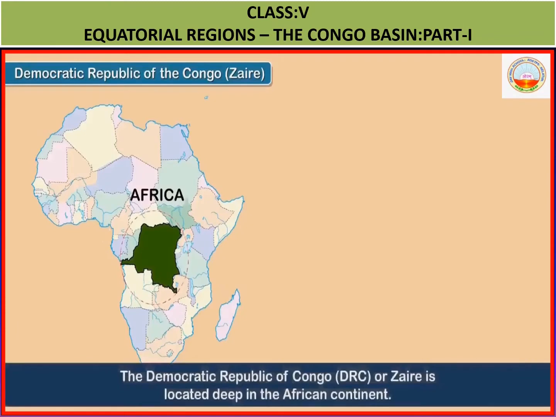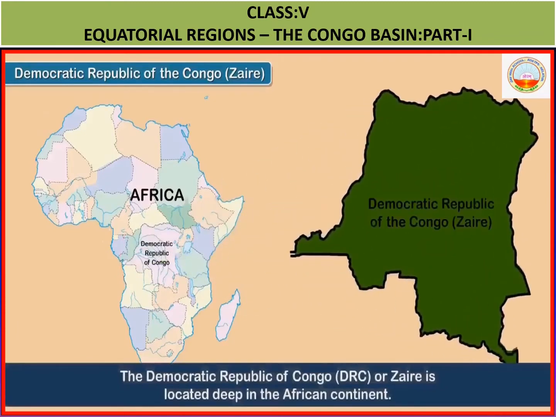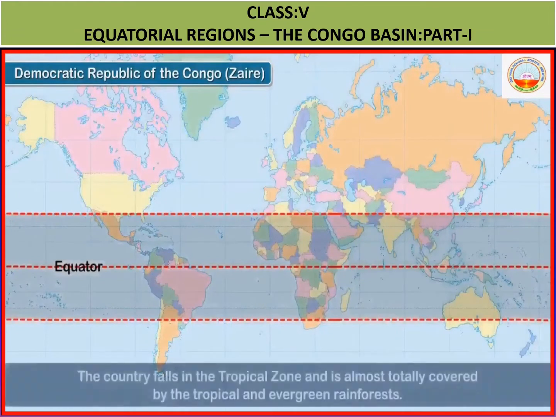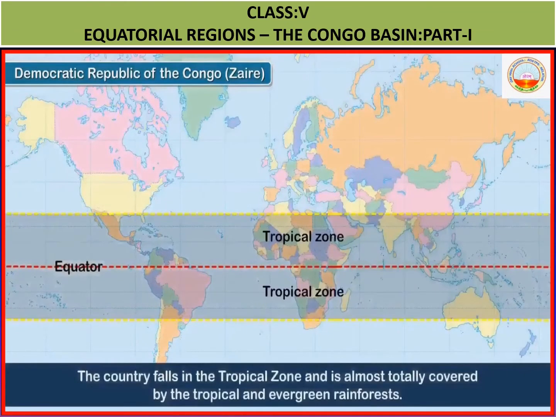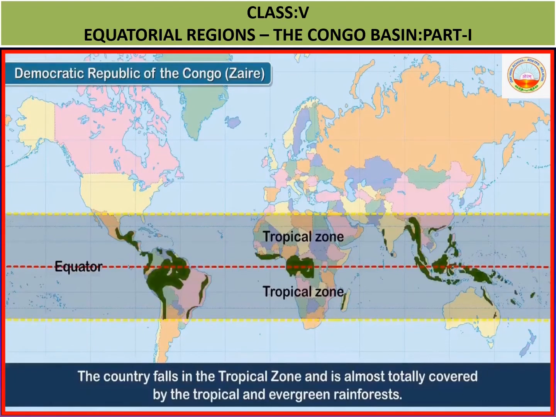The Democratic Republic of Congo, DRC, or Zaire, is located deep in the African continent. The country falls in the tropical zone and is almost totally covered by the tropical and evergreen forests.